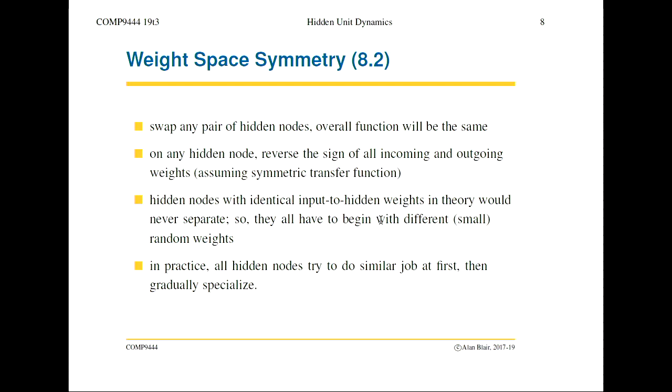If you give me one set of weights that performs this task well with 10 hidden nodes, I can give you 2 to the 10 times 10 factorial other sets of weights which also perform the task equally well. So there are 3 billion other networks that perform the task exactly the same as the one you gave me. So there's actually massive symmetry here.